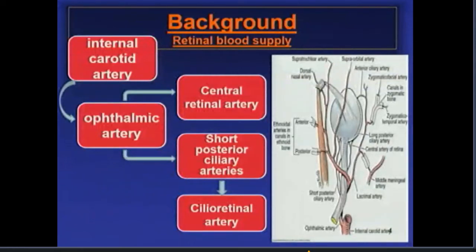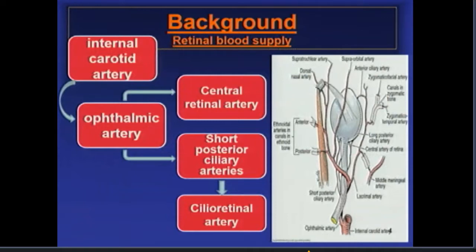We have two main vessels: the central retinal artery, which comes out of the optic nerve, and the short ciliary arteries, which are branches of the ophthalmic artery, a branch of the internal carotid artery. All this is important for the site where the obstruction or pathology usually happens.